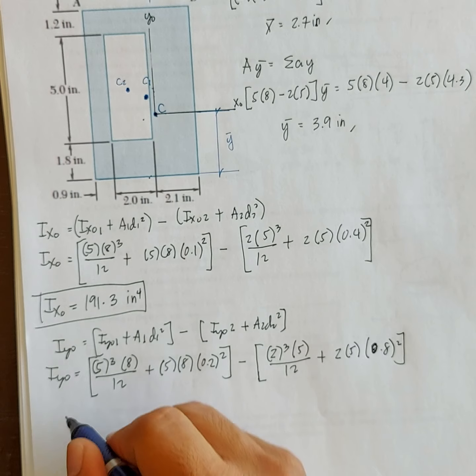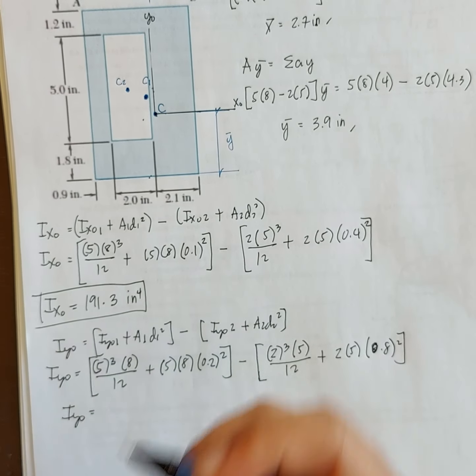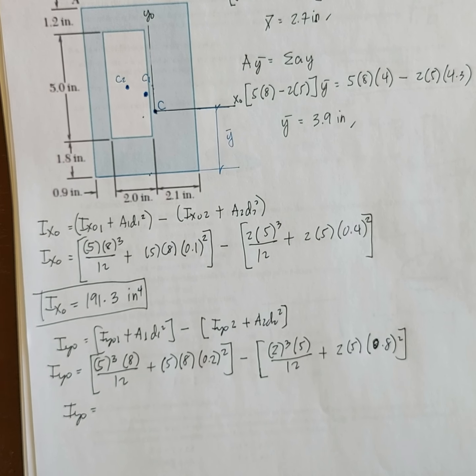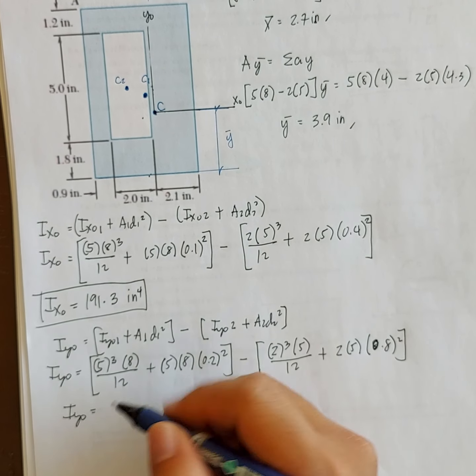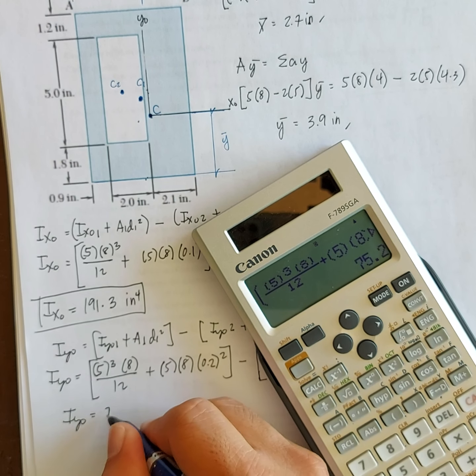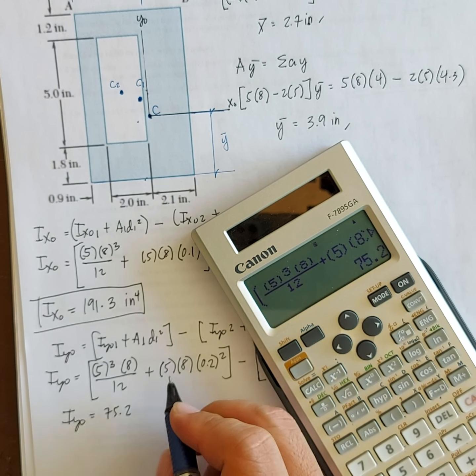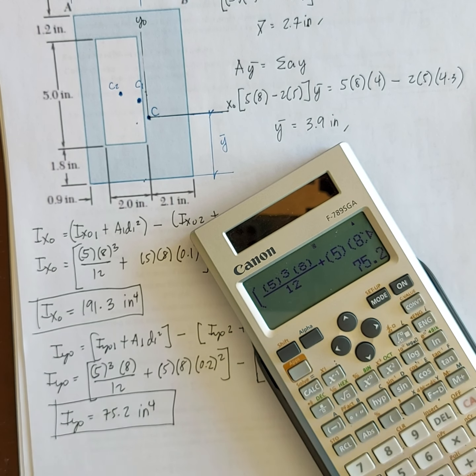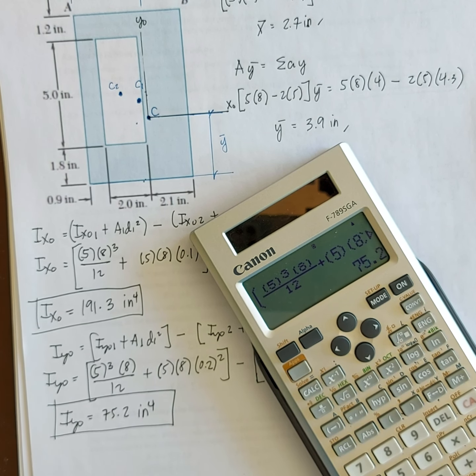Okay? So IYO is equal to, okay, so that is 75.2. So 75.2 inches to the fourth. Okay, so yun na yung IYO natin.